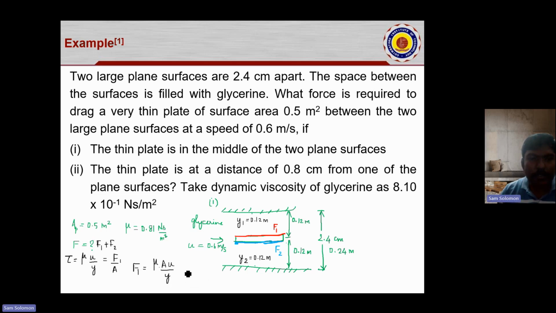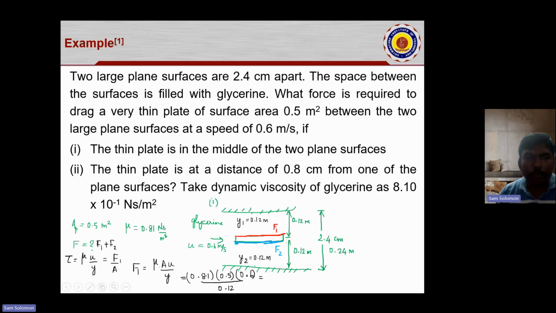Okay, are these values available to us? Yes, the value of mu is 0.81. The value of area is given as 0.5. The velocity is 0.6 and the distance is 0.12.